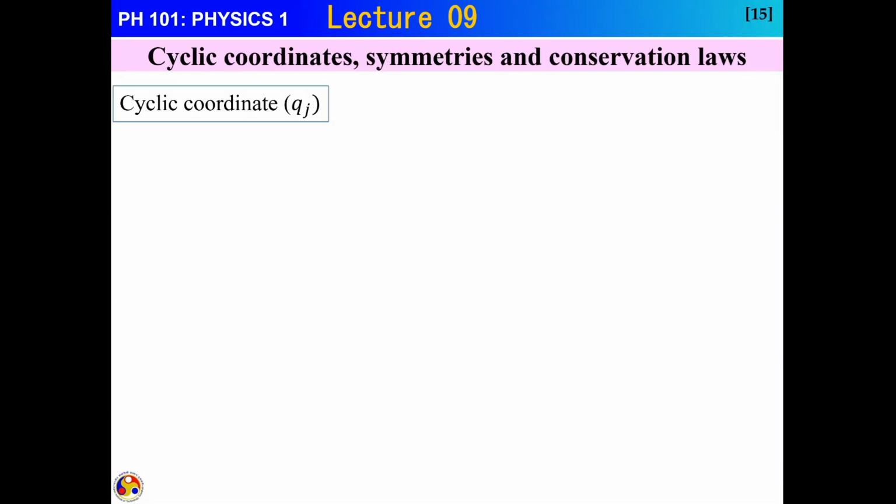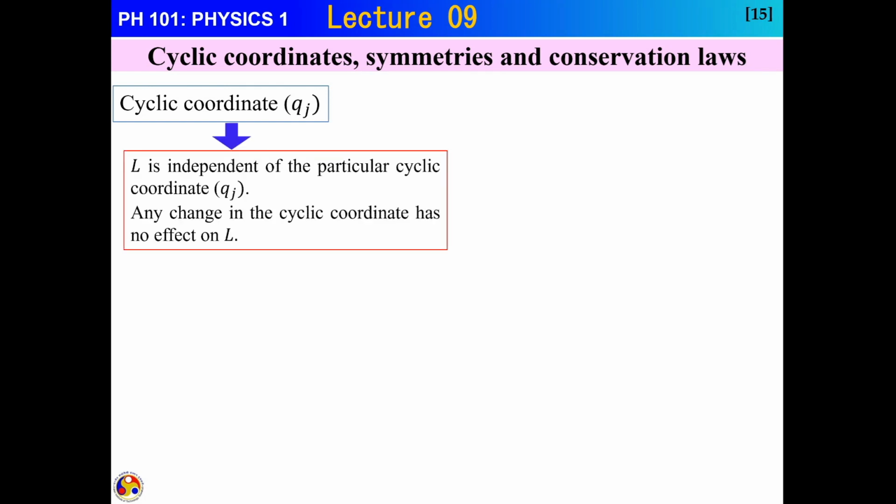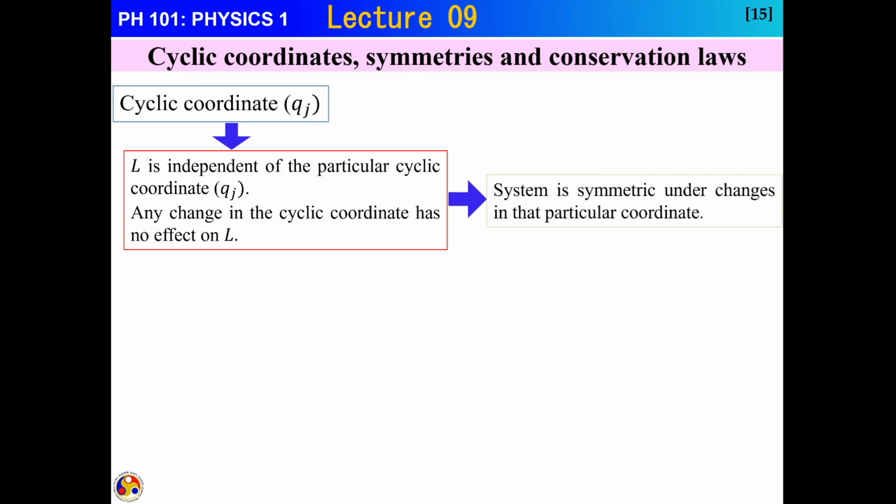So if you read it back, if I have a cyclic coordinate in a Lagrangian, then I can say the Lagrangian is independent of that particular coordinate, and therefore any change in the cyclic coordinate is not going to affect my Lagrangian. If that is the case, the system is said to be symmetric under the change of that particular coordinate. Whatever way you change that coordinate is not going to affect the Lagrangian.